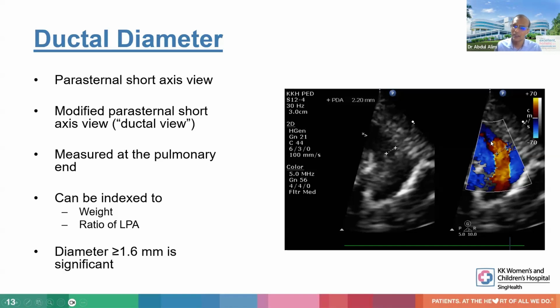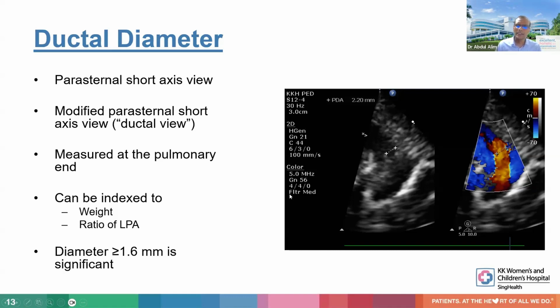The edges of the color will not have a clear outline, and you often end up overestimating the ductal diameter. So I usually use both, color compare mode, but I prefer the 2D, which is more accurate. So that's the measurement of the ductal diameter.